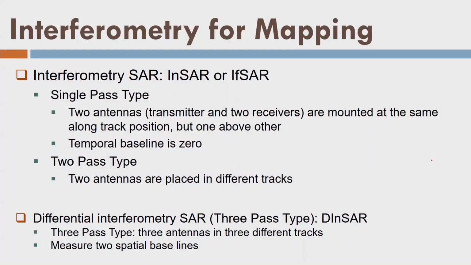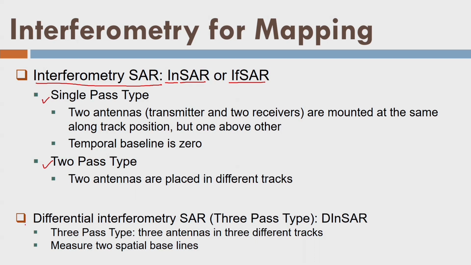Now we have interferometry, and that is called InSAR, interferometry synthetic aperture radar, also called InSAR or IFSAR. That means we are using interferometry for mapping, and for that purpose we use the word InSAR or IFSAR. InSAR is of two types, single pass type and two pass type.